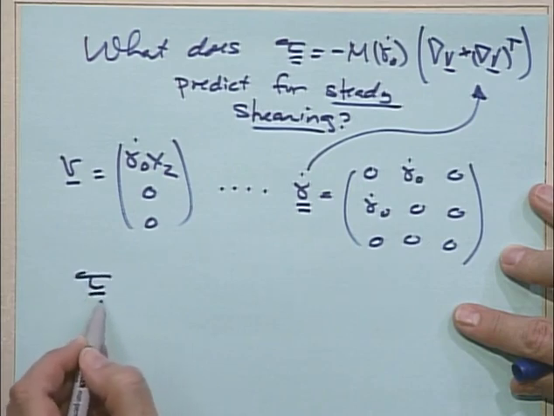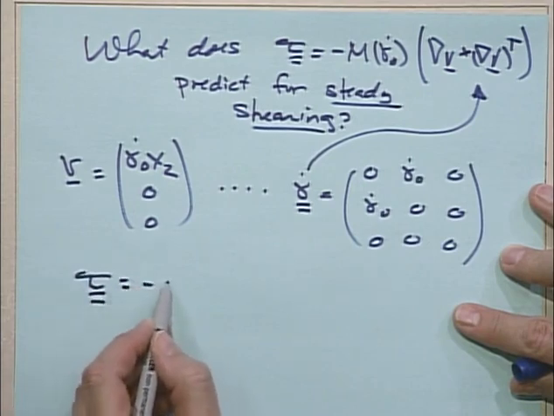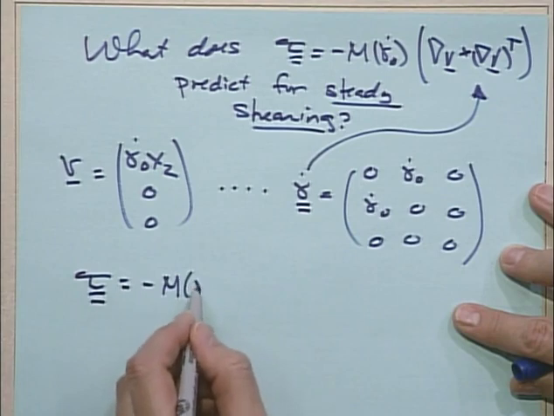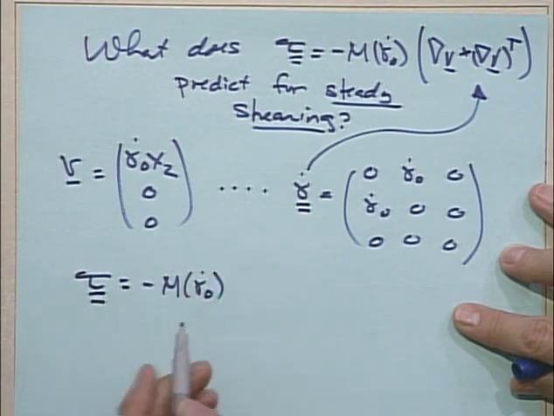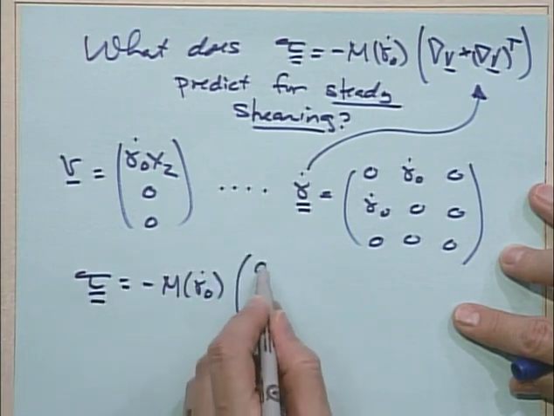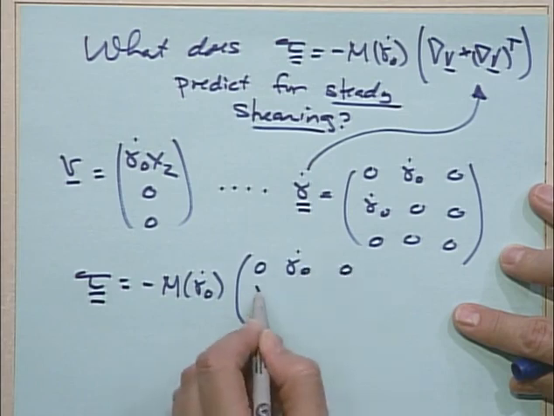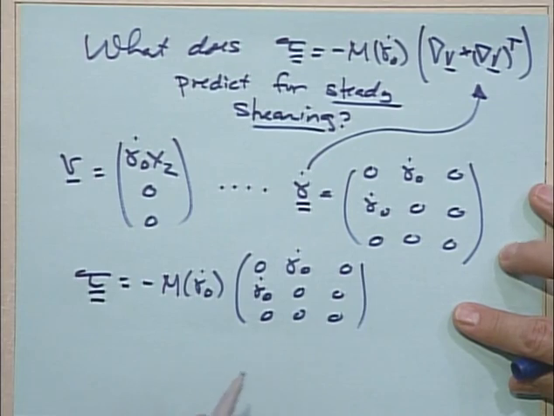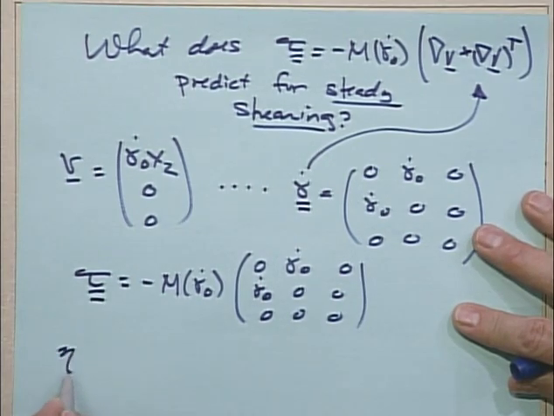So this is going faster already. If tau is minus this function m, some function of shear rate, times this tensor, we can calculate the viscosity that's predicted. The viscosity is minus the 2, 1 component of this tensor divided by gamma dot naught.